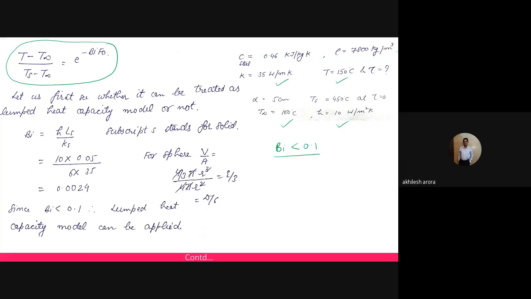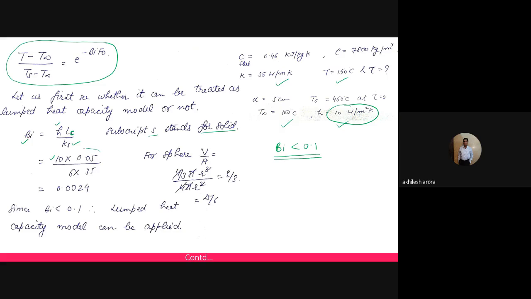So the first thing that we should do is calculate the value of the Biot number. The Biot number is given by h Lc divided by Ks. The subscript s stands for solid. Mind it, it is not the thermal conductivity of the surrounding fluid, it is the thermal conductivity of the solid. So we know the value of h, which is 10, given here in the numerical problem.